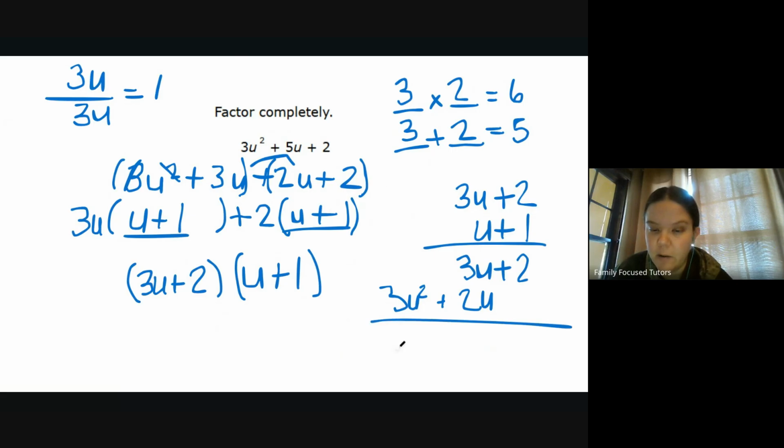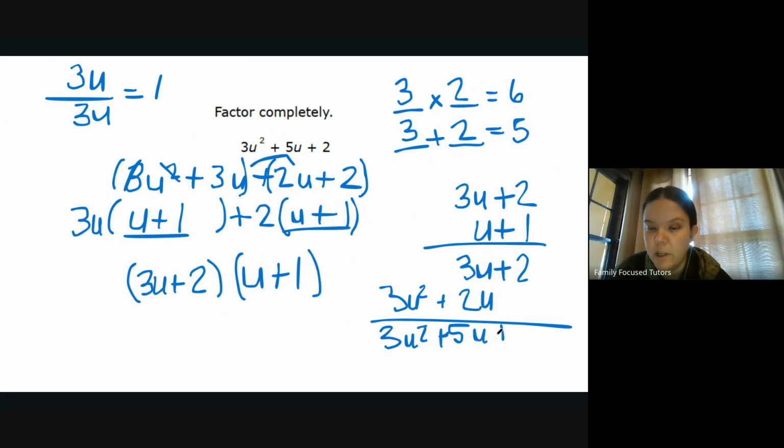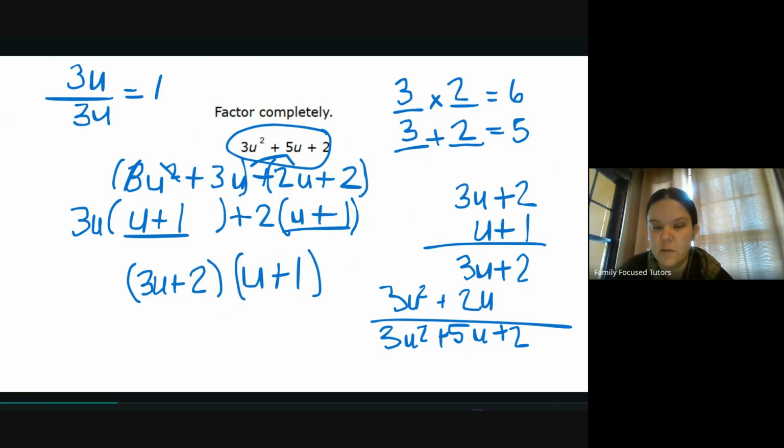Then we add them together. We have 3u squared plus 3u plus 2u is 5u, plus 2. So that is our original up here. So 3u plus 2 and u plus 1 are our factors.